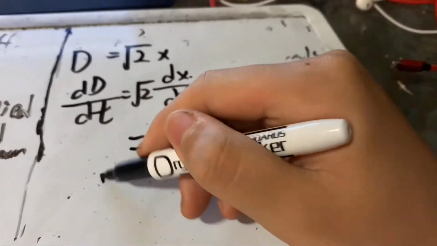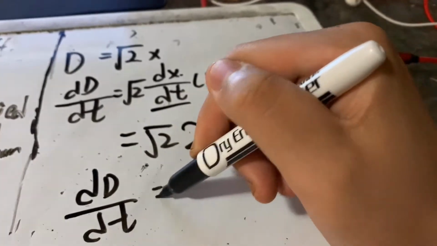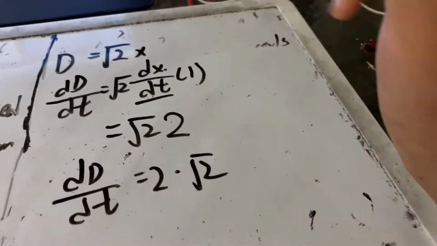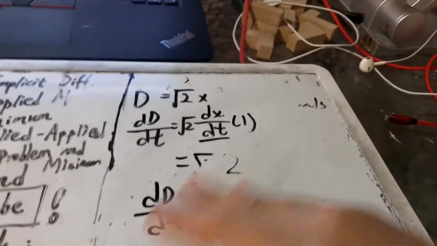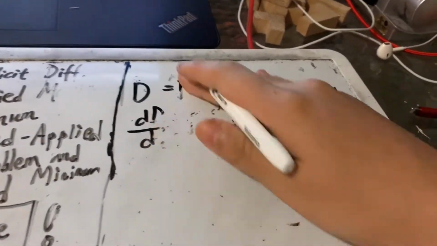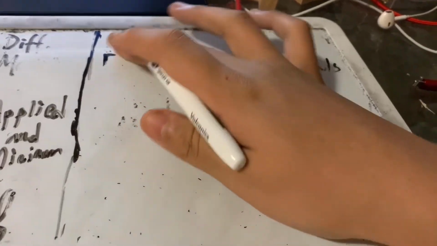And here you get the result, which is 2 times root 2. Done. So this is just how easy related rates is.